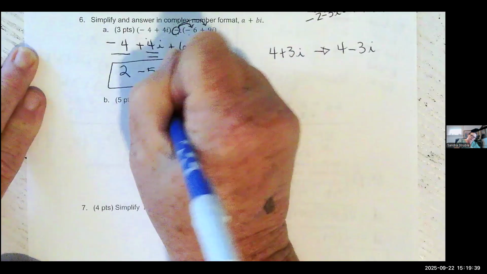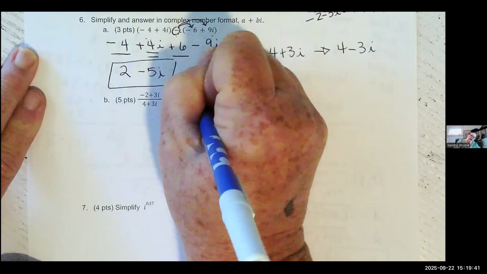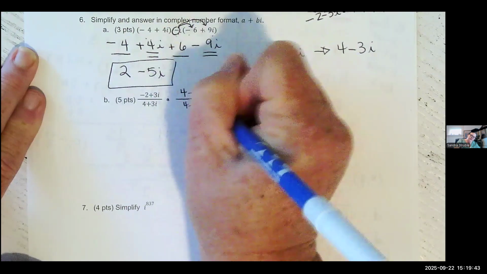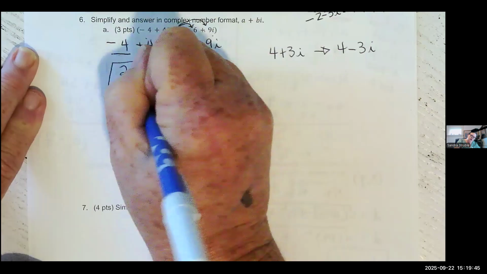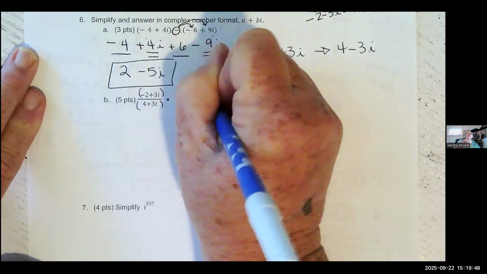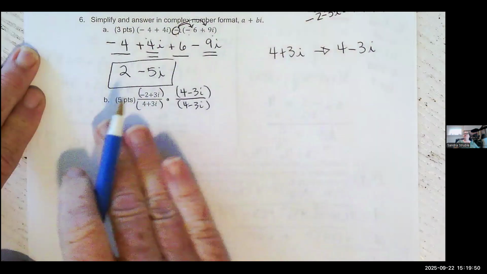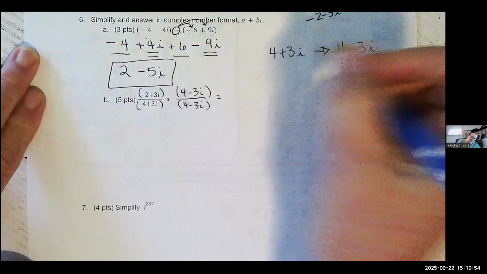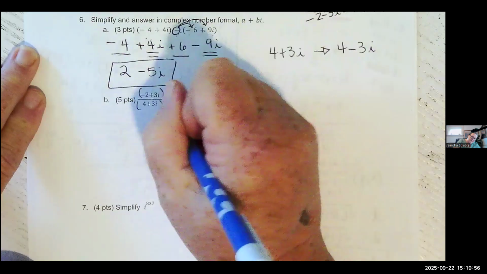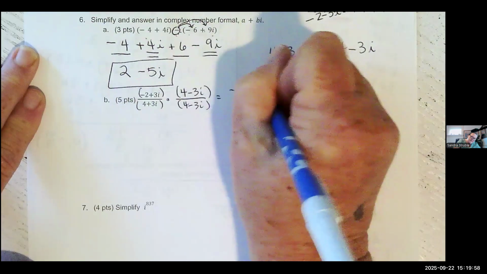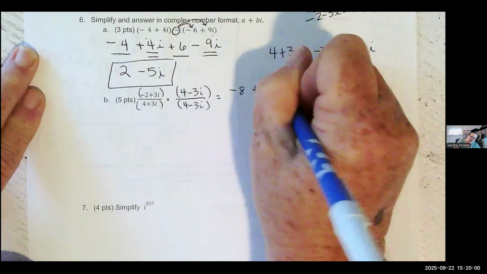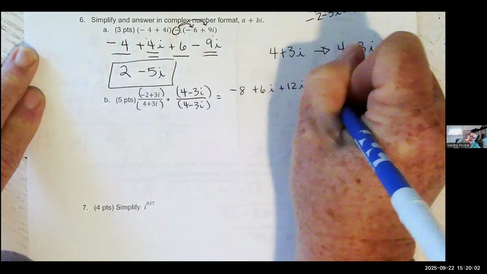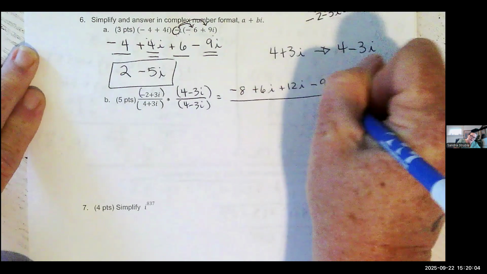So I have to multiply by 4 minus 3i over 4 minus 3i. And you're going to have to distribute, FOIL, box method, pick your poison, for the numerator and the denominator, and then simplify.